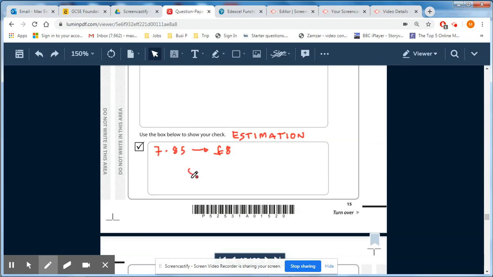And then we'll just do £8 times the number of hours he works. So 8 times 22, which is going to give us £176. This is our check because it shows that the answer we got is very close to our estimation.